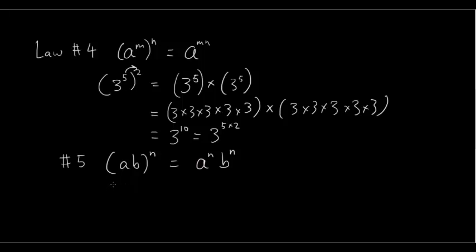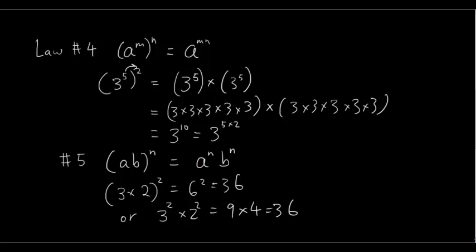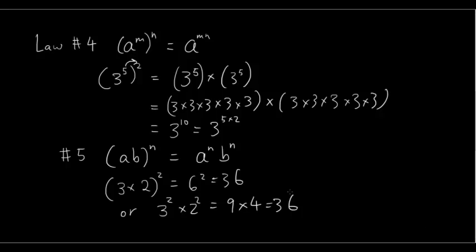So for example, if we had 3 times 2 to the power of 2, okay, so 3 times 2 is 6, to the power of 2 is 36, or we could write it as 3 to the power of 2 times 2 to the power of 2, which is 3 times 3 is 9, 2 times 2 is 4, which is also 36. So I'm just proving these rules to you by example.